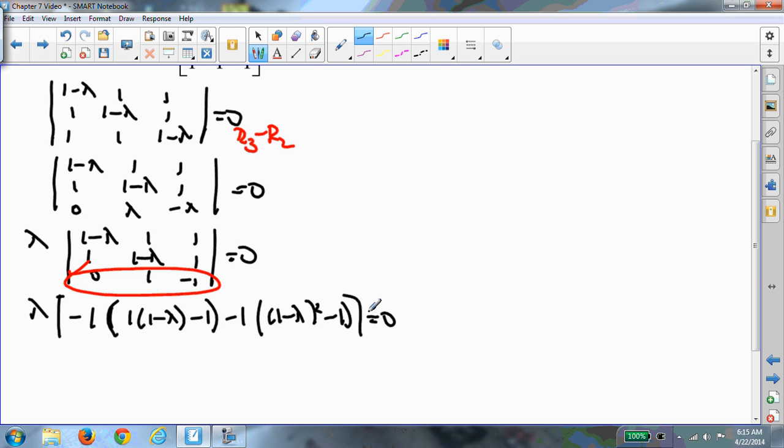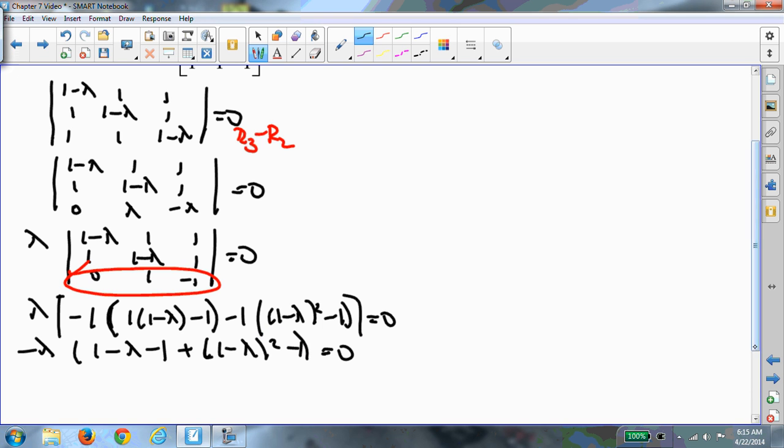So how about I factor a negative 1 out? So it'll be negative lambda, 1 minus lambda minus 1 for the first part, plus 1 minus lambda squared minus 1.